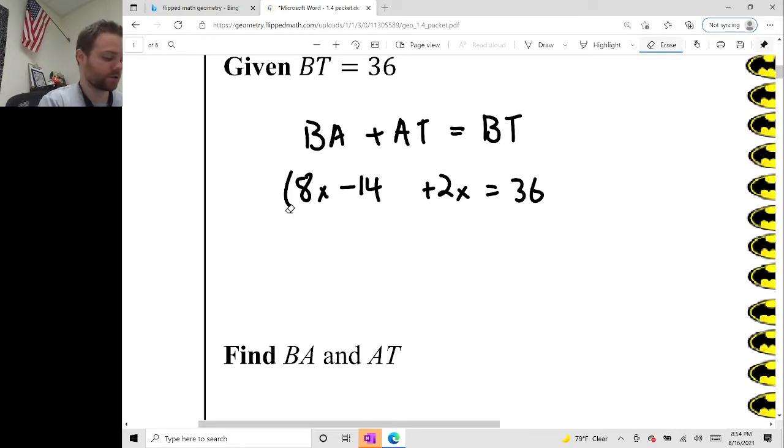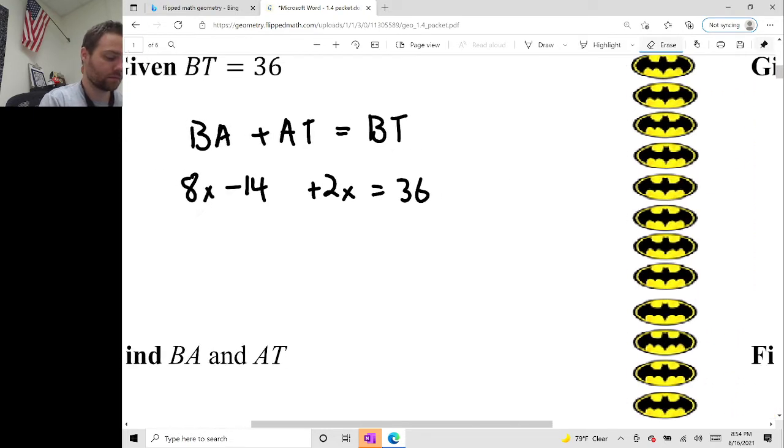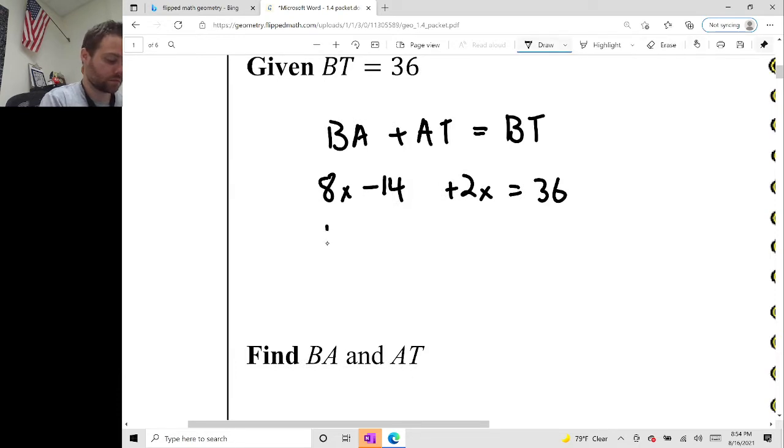So 8x plus 2x is going to be 10x, minus 14 equals 36. So what I want to do is get all the like terms to one side, and I want to isolate that variable. I want to get that alone. So I've got negative 14 here.